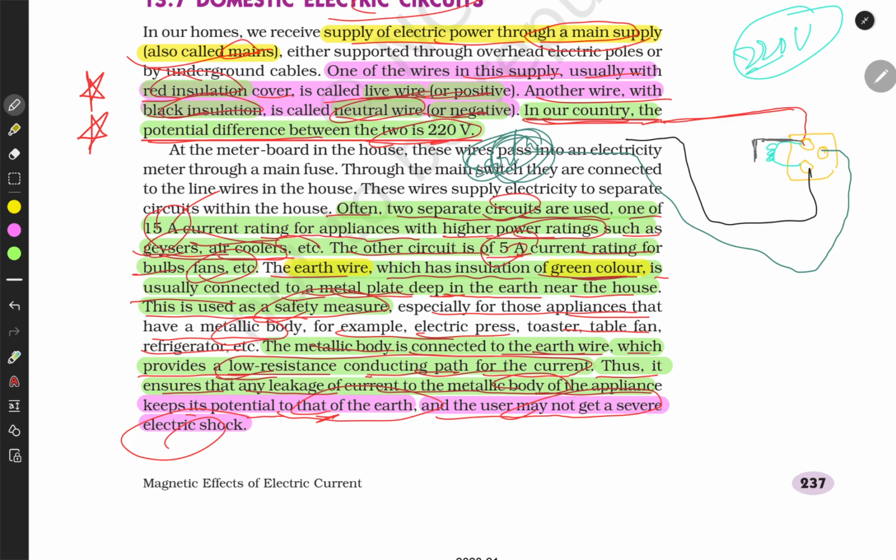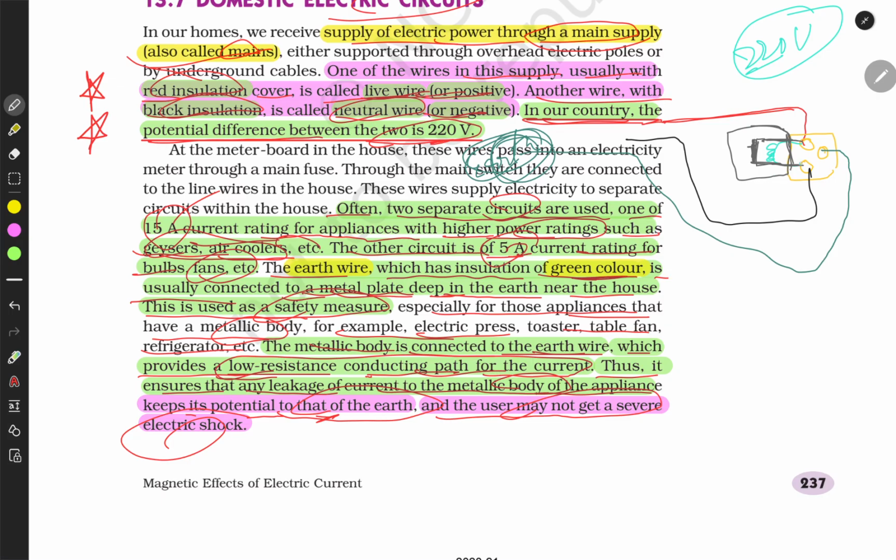It will pass the electricity through a high resistive material. So what will happen, the electricity that it resists will be converted into light and heat, and sometimes there can be some leakage, and all the metallic body around it can have a significant potential difference, and when we usually touch it, we may get a severe shock.